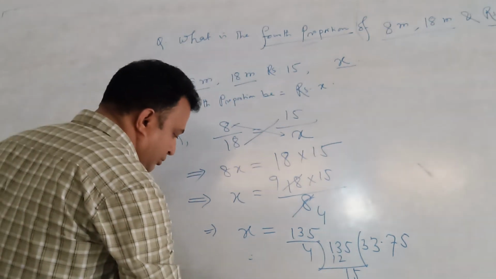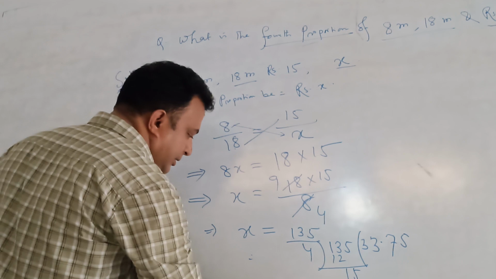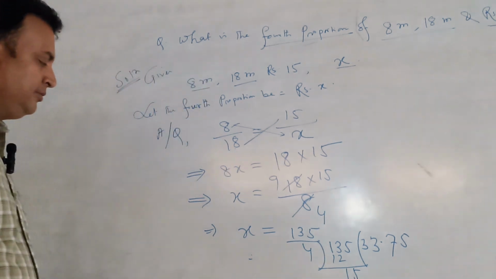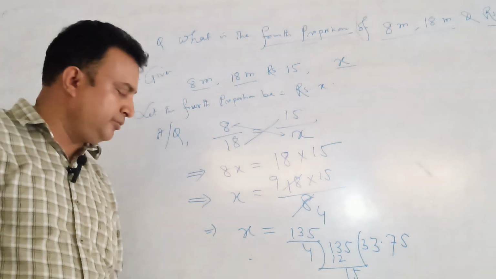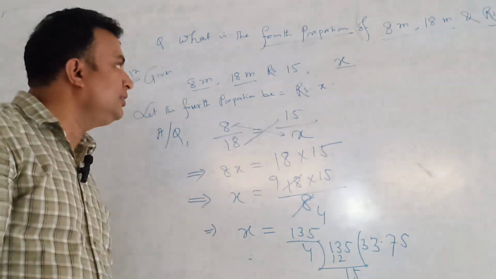So x is equal to rupees 33.75. So the fourth proportion is rupees 33.75.